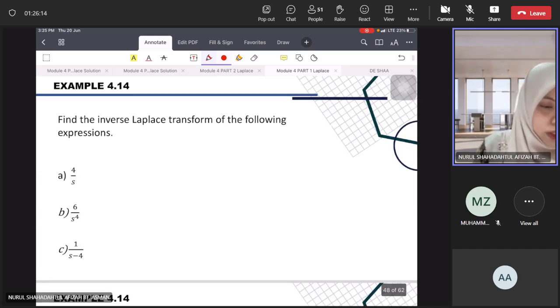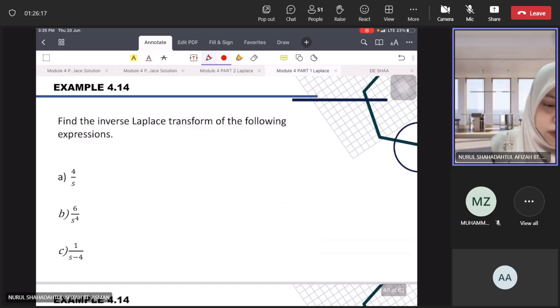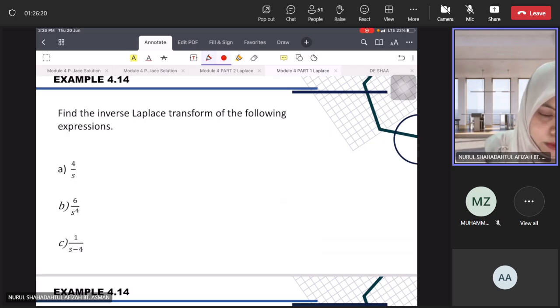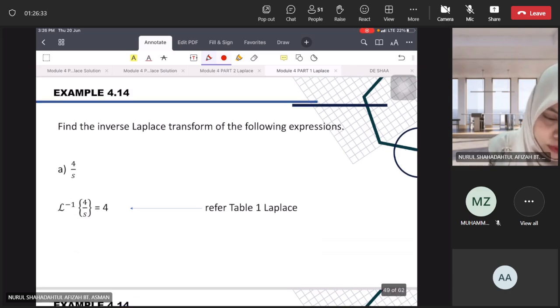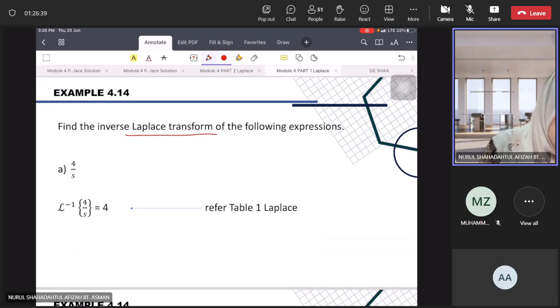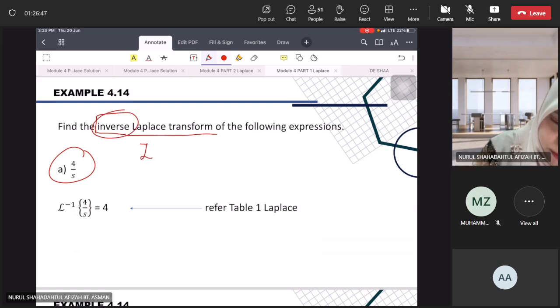Okay, we try to do example 4.14, where we need to find the inverse Laplace transform of the following expression. For the first question, find the inverse Laplace transform of the following expression. Okay, if you see the inverse, you have -1 because it's called inverse.